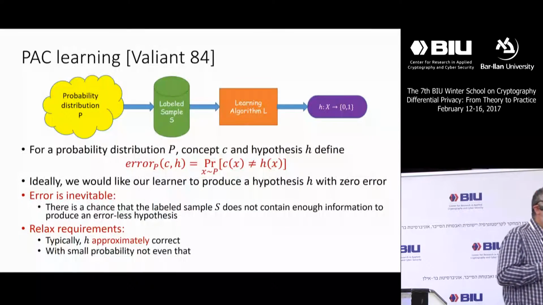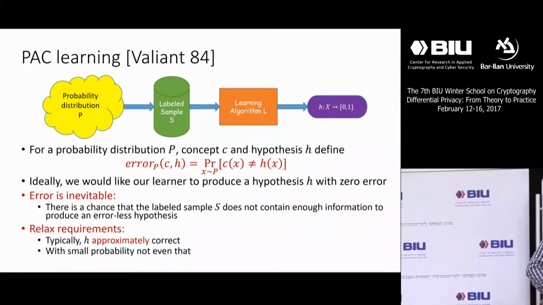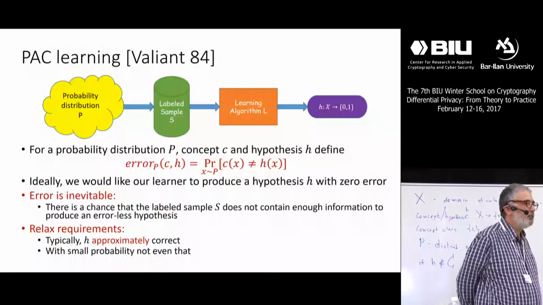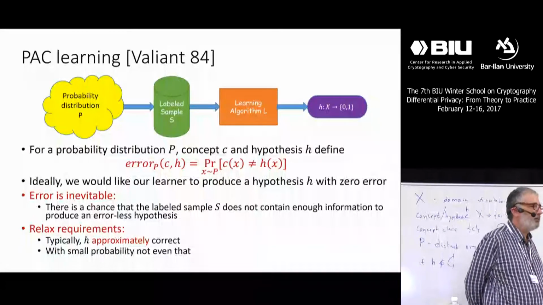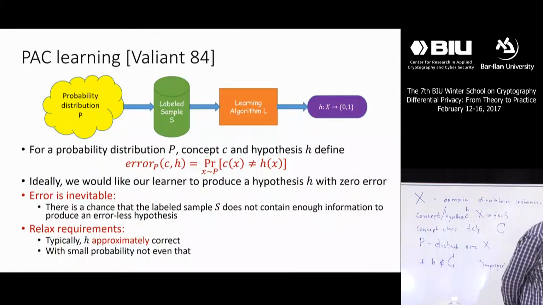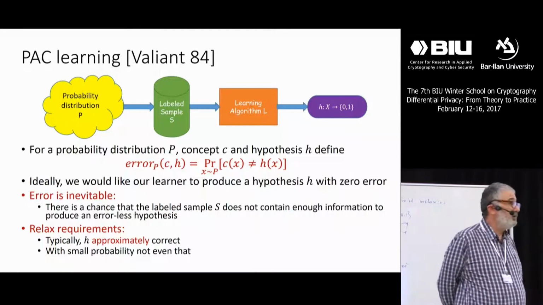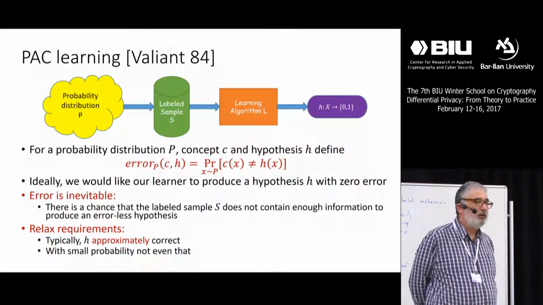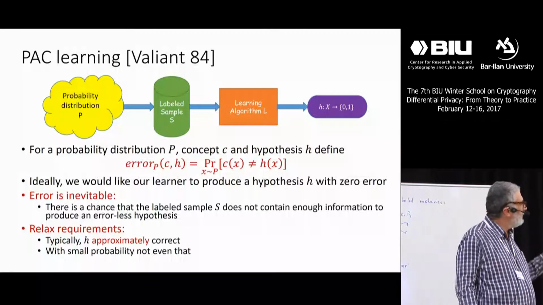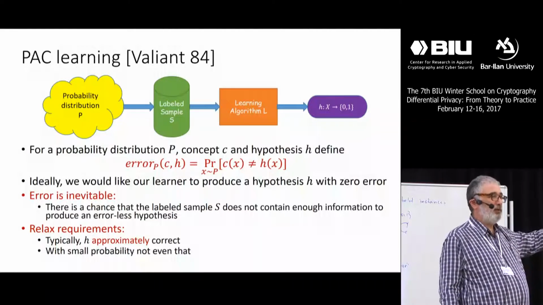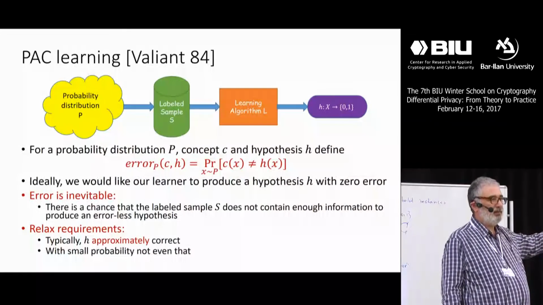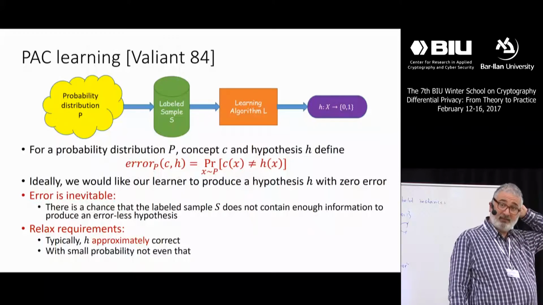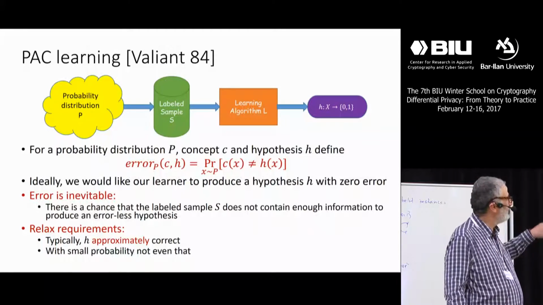So the learner outputs a function, it's not per input, the output is H of X. So the learner outputs a representation of a function or of a predicate. Exactly. It's important that we're not labeling the sample. The sample is already labeled. We're getting a labeled sample, except for the special case that I will discuss at the end of the second part.